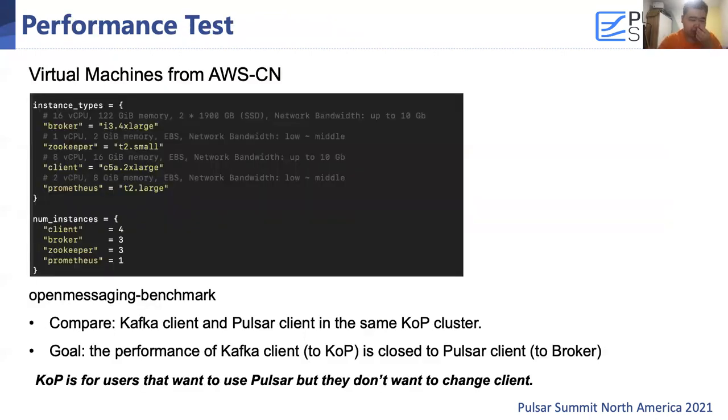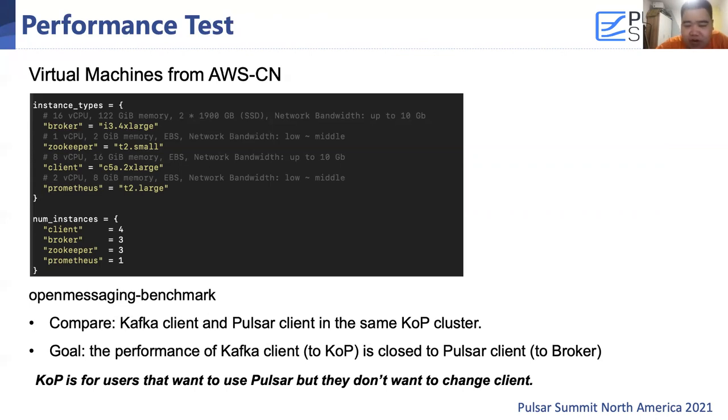So let's see the performance test. I ran the performance test on AWS using OpenMessaging Benchmark. Here we just compare the Kafka client and the Pulsar client in the same KoP cluster.